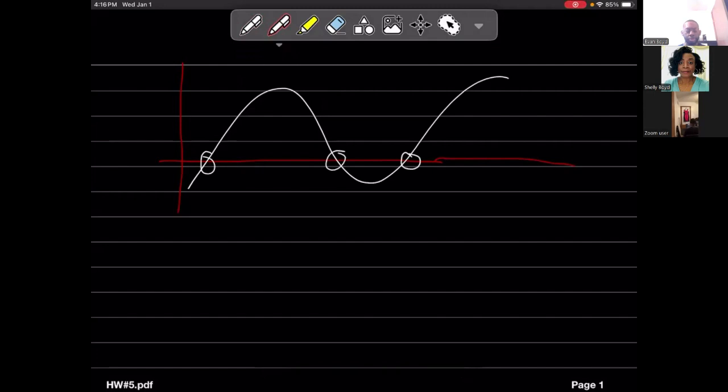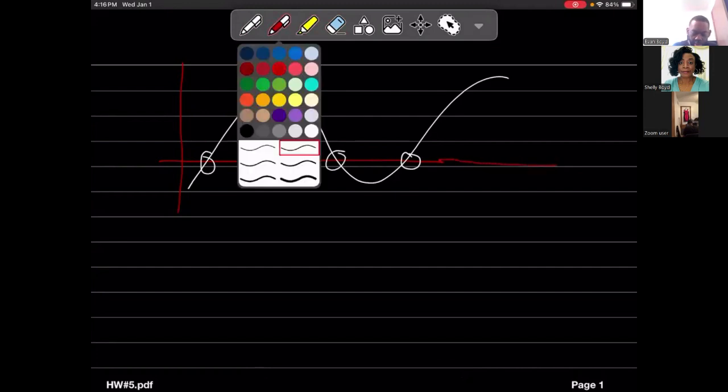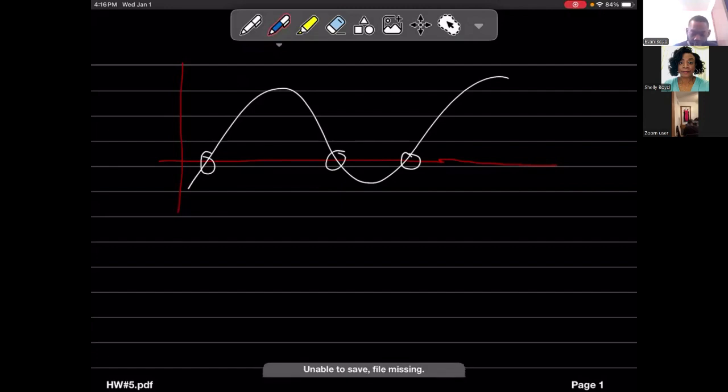Basically, when we do our root solvers, we implement a random guess. So we say our guess is up here. This is our initial guess. Our initial guess creates its own slope, which gives an approximate root.